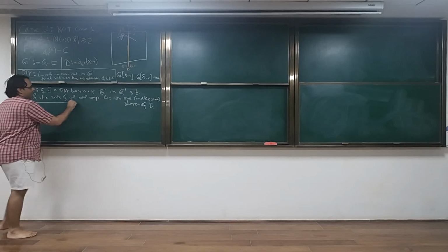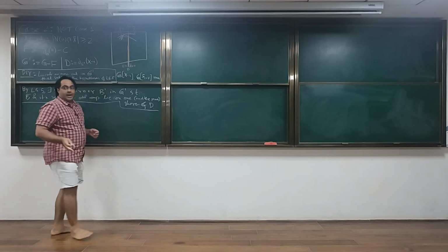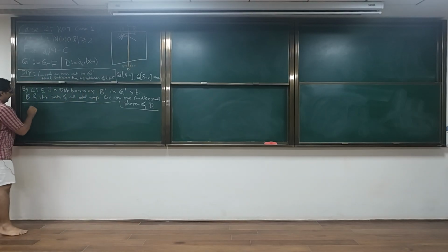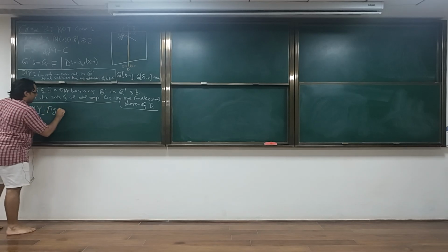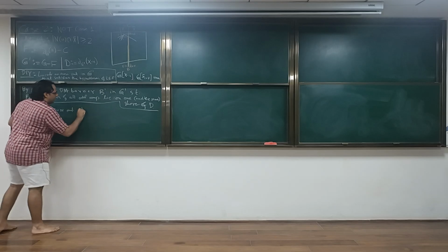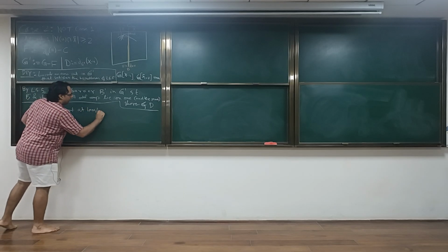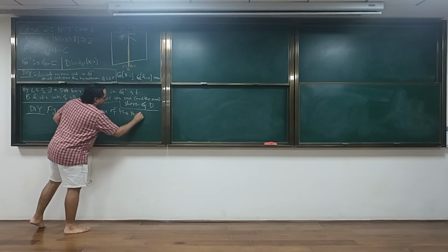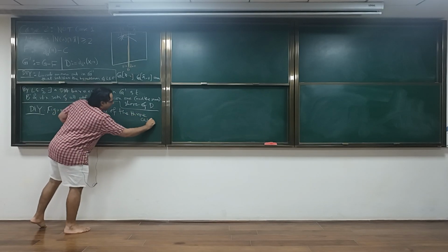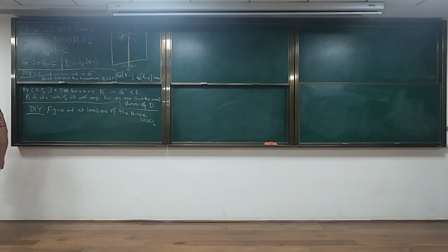The easiest case turns out to be, think about it. There are three cases. The DIY: see if you can figure out at least one of the three cases, and there is no right answer. You all may figure out different cases.